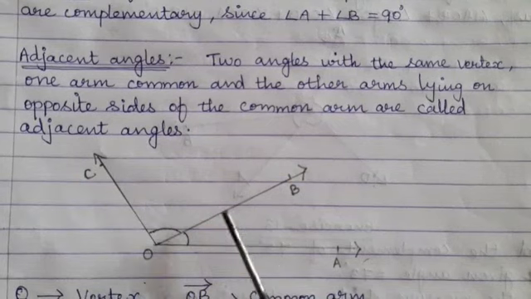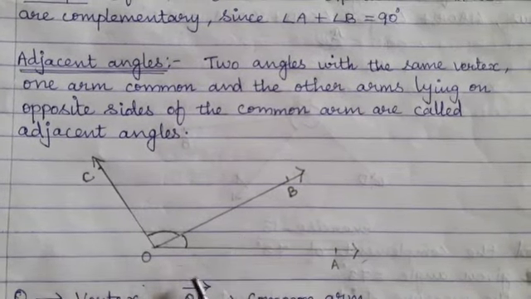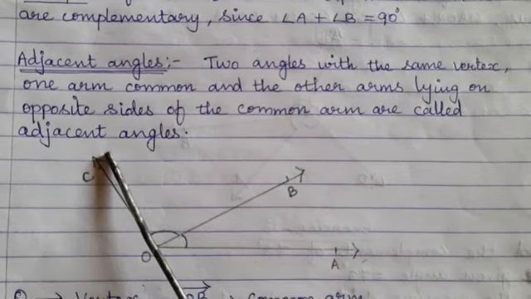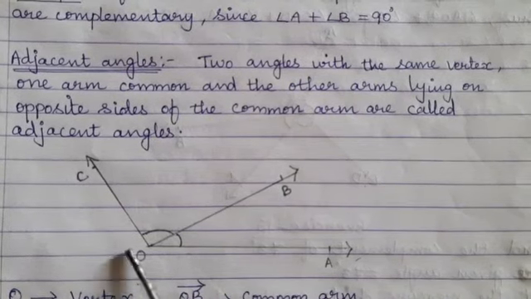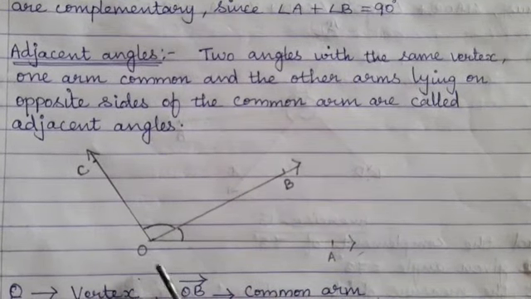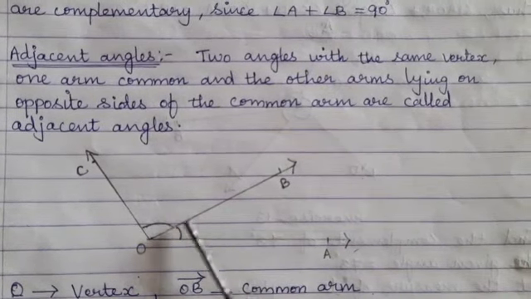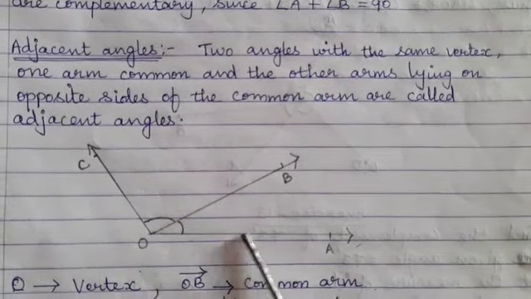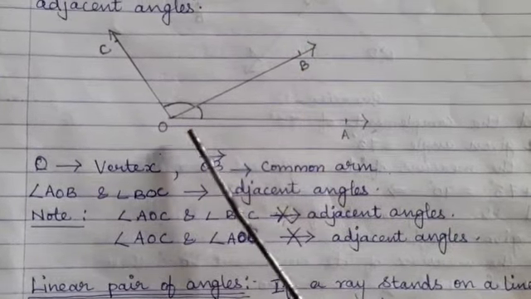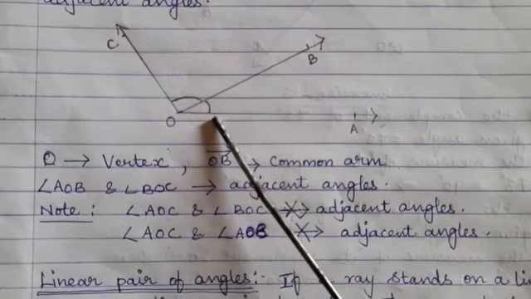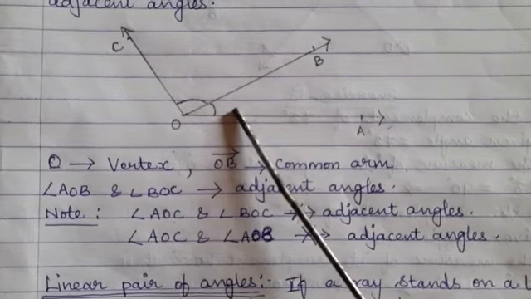OA and OC, the two other arms, lie on opposite sides of the common arm OB. So angle AOB and angle BOC are adjacent angles.